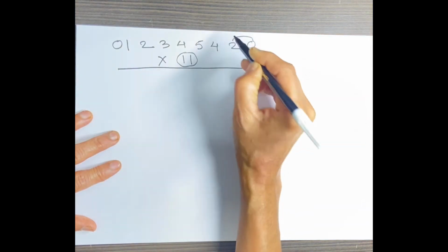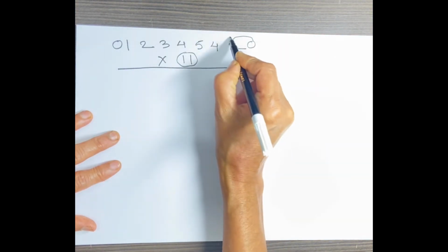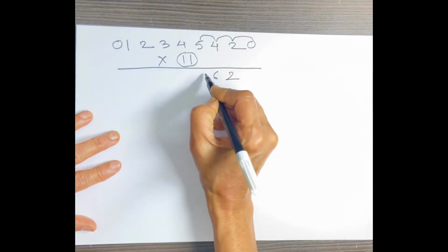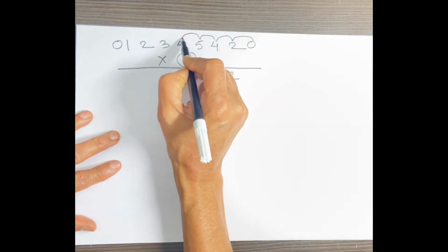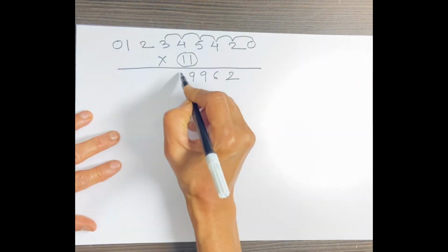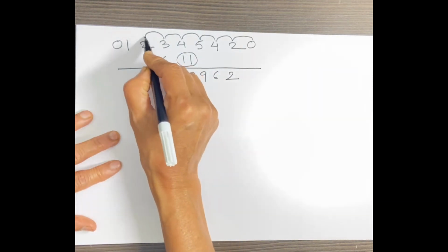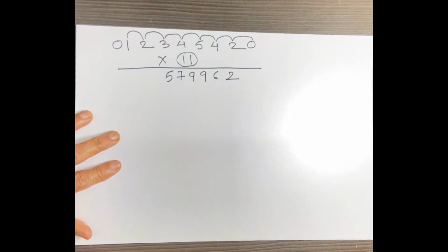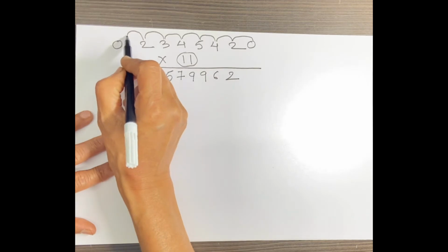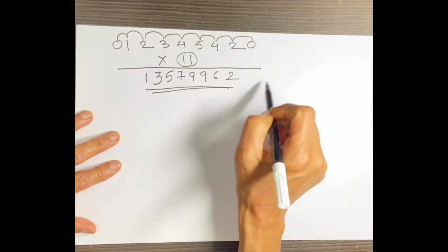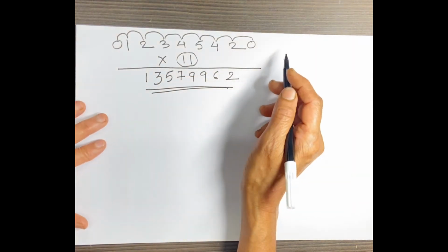So 0 plus 2 is 2, 2 plus 4 is 6, 4 plus 5 is 9, 5 plus 4 is 9, 4 plus 3 is 7, 3 plus 2 is 5, 2 plus 1 is 3 and 1 plus 0 is 1. Our answer is ready. This much bigger multiplication we are solving in some seconds.